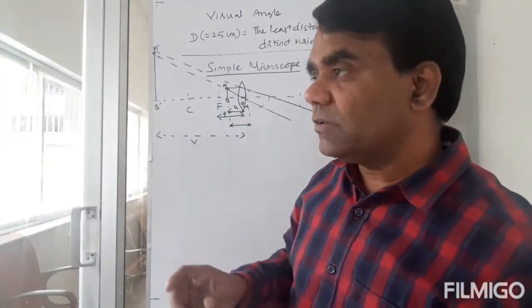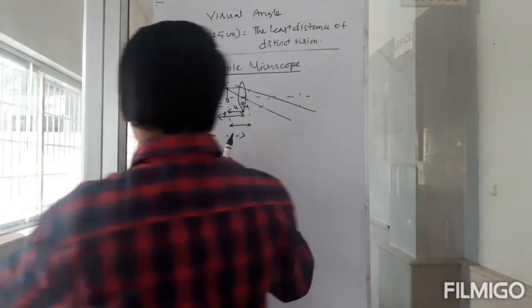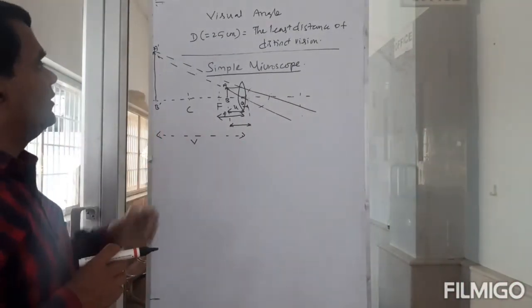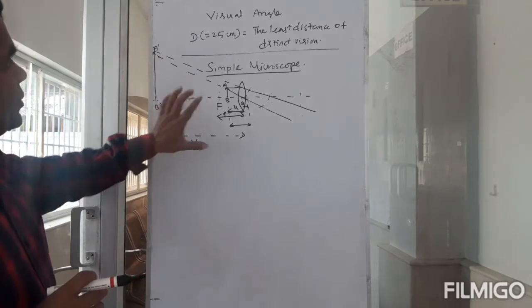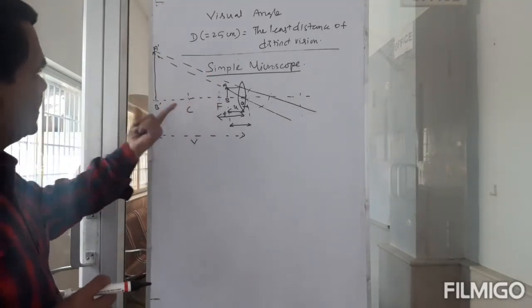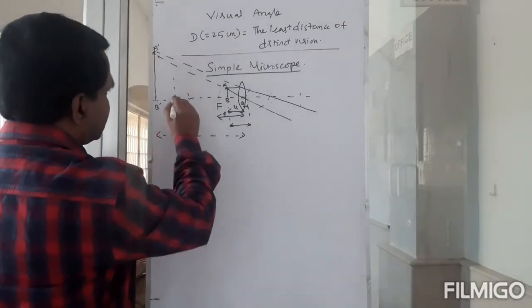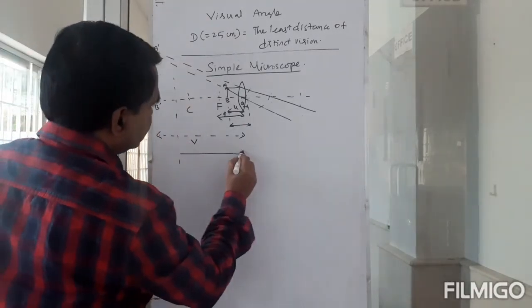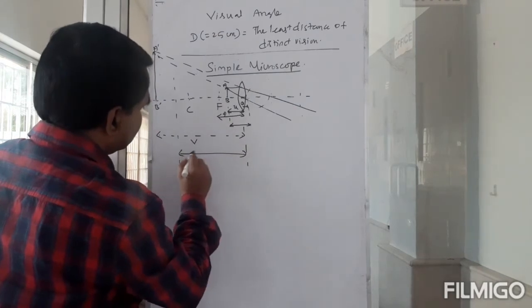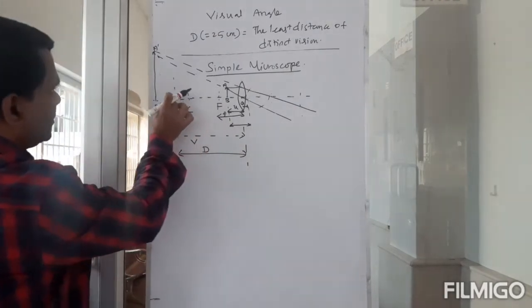So the image should be formed beyond 25 centimeters. Let us suppose that this is D. So this image should be formed here.